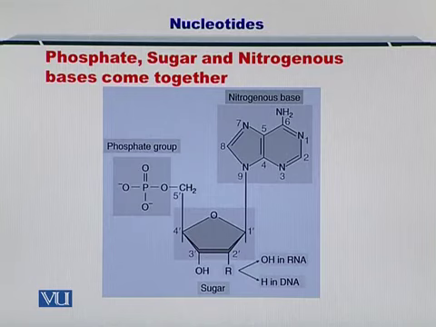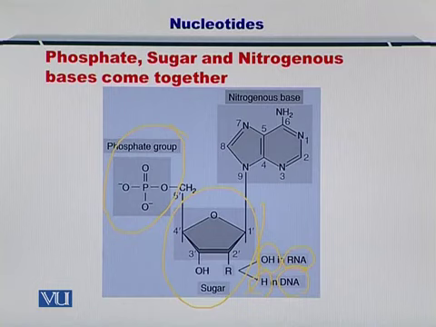Now, how do these phosphates, sugars, and nitrogenous bases, or these nucleotides, come together? If you see here carefully, the phosphate group is shown here. The sugar is shown here. In case of RNA, you will have another OH here. In case of the DNA, you will only have a hydrogen here.